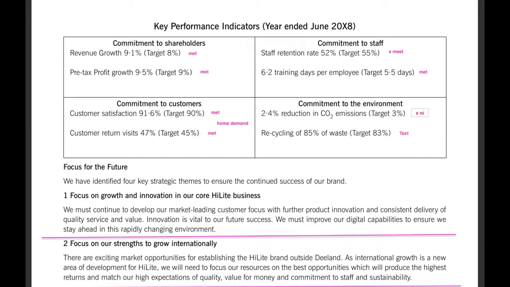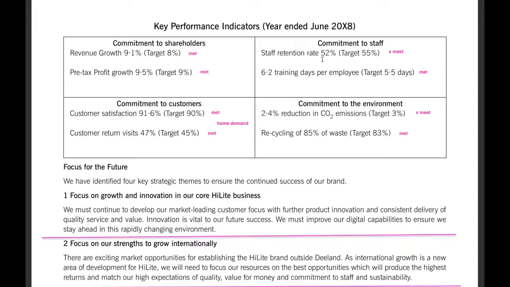Their commitment to the environment: when it comes to recycling, yes, they met the target, but not in terms of carbon emission.